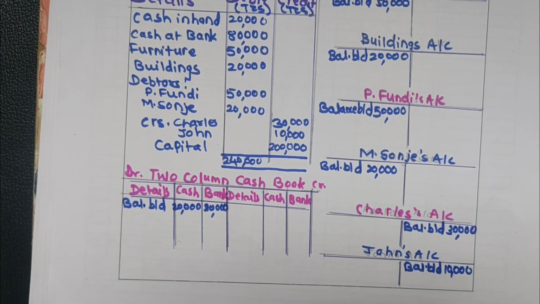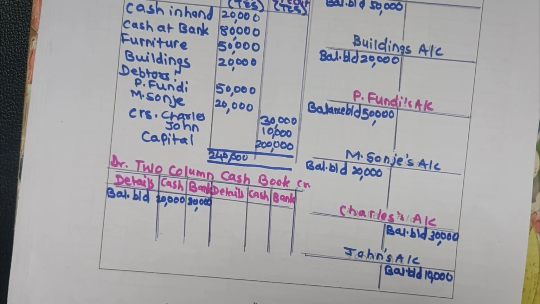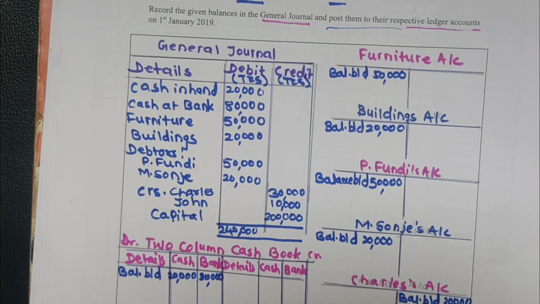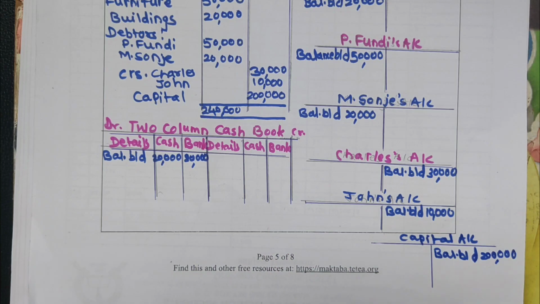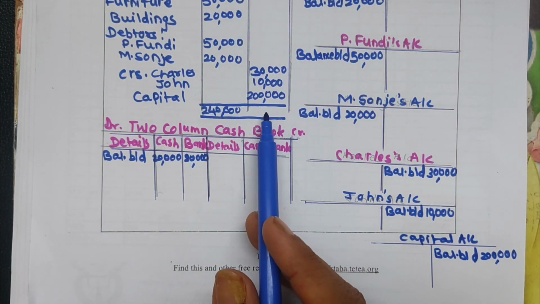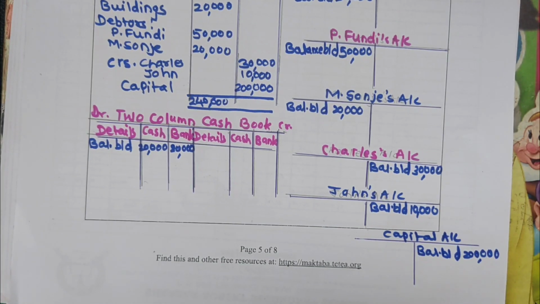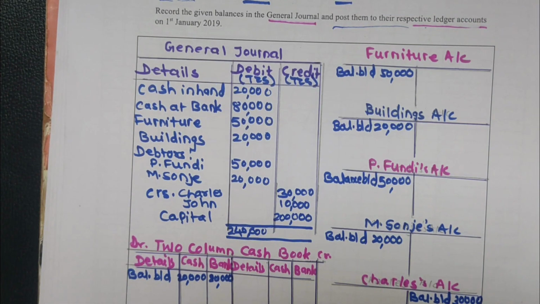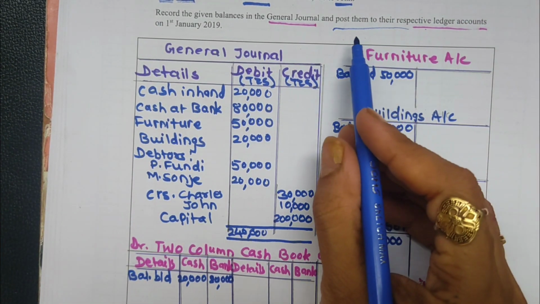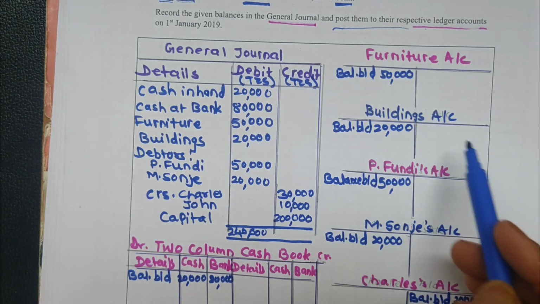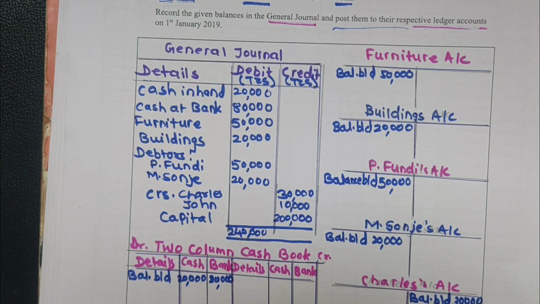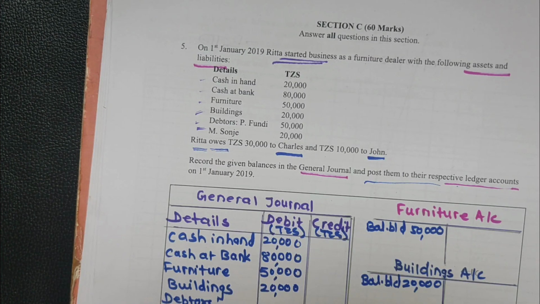For the opening entry we have passed, we post to all the ledger accounts, and the last account is the capital account, whose balance is 200,000. So again on the credit side of the capital account, balance brought down 200,000. In this way we prepared the general journal and posted to all these ledger accounts. Now turning to the next question.